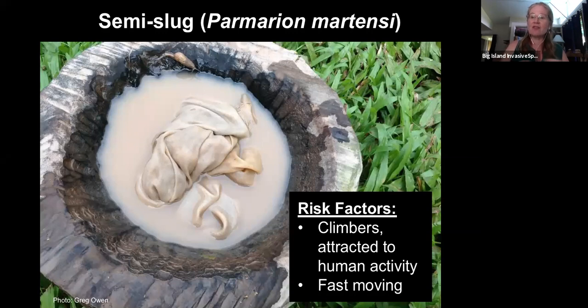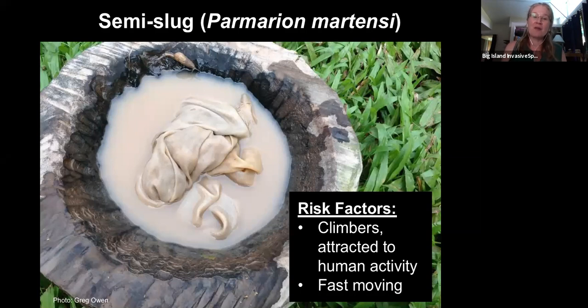These slugs, rather than just being out in the garden or out in the plants, which is normally where you find a lot of your other types of slugs and snails, will actually try to come towards human activity. I've had long discussions with one of the researchers here on rat lungworm as to whether infection with the parasite actually causes them to act this way, because it's such an odd behavior.